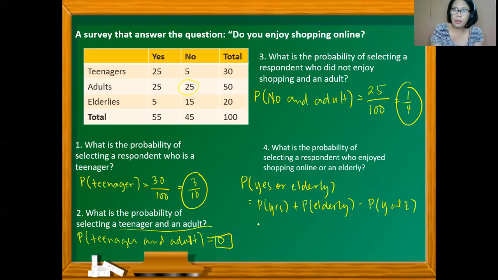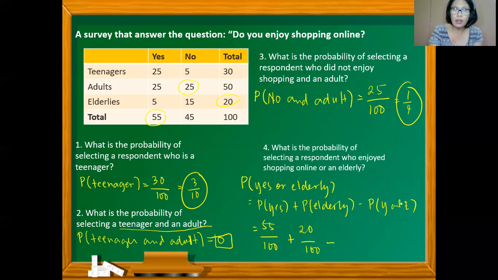The probability that the respondent selected enjoyed shopping online is the total of yes, 55, over the total respondents, 100, plus the total of elderly over the total respondents, less yes and elderly.